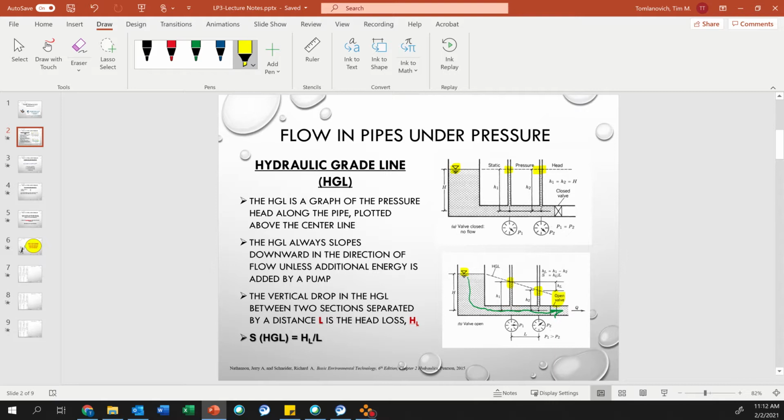We want it to go down. We don't want it to go up, because if it goes up, then we start getting piping in dams. So we use this a lot in soil mechanics, to bring it back to a different subject. So understanding the hydraulic grade line, S equals head loss divided by length.